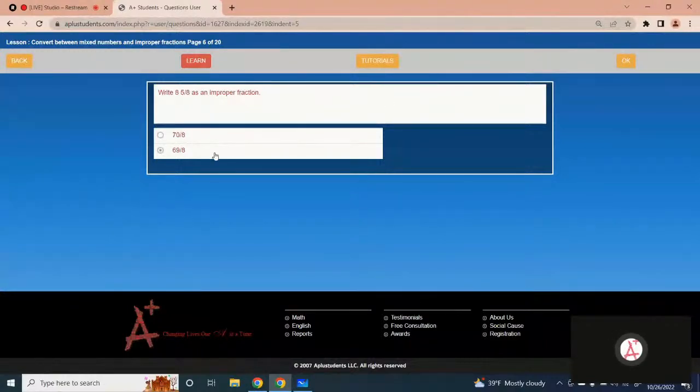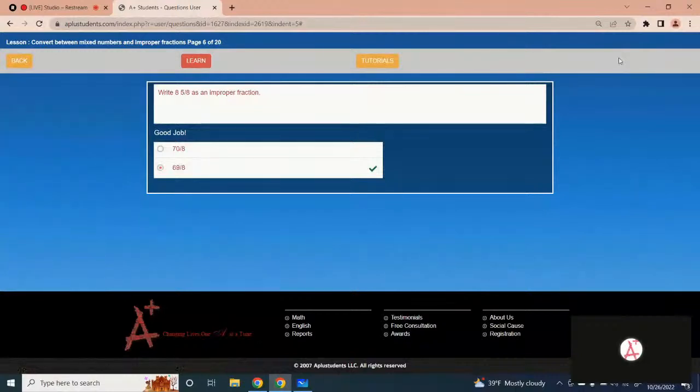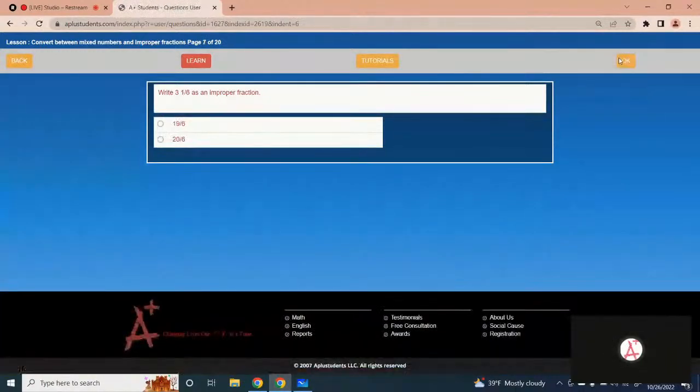Yes, it is 69 over 8. Got it? Just select the correct option and click on the OK button.